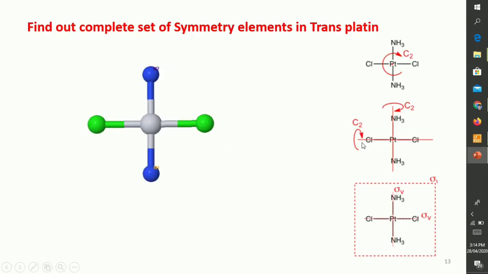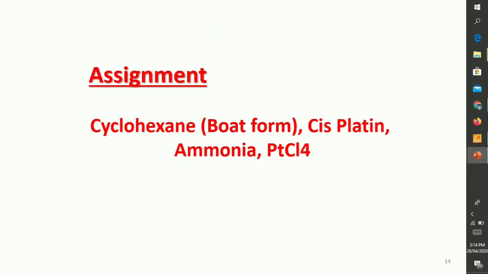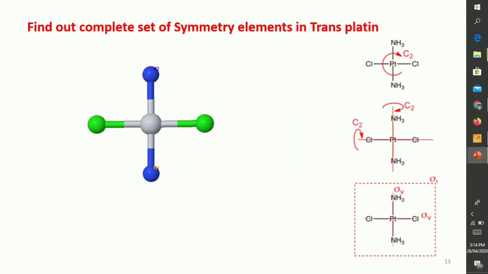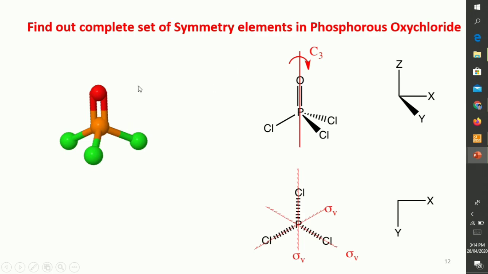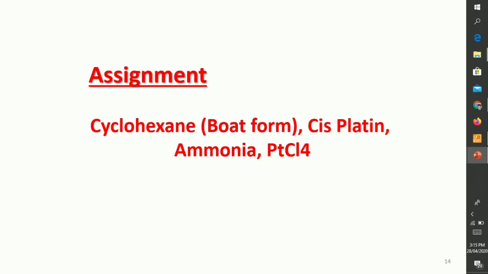Cisplatin, this is the transplatin we studied already, and the ammonia molecule, because we studied the same type of molecule, POCl3, phosphorus oxychloride, already, so you need to remove the oxygen from POCl3 and find the complete set of symmetry elements and operations for the ammonia molecule.